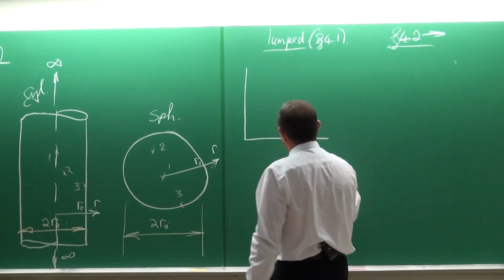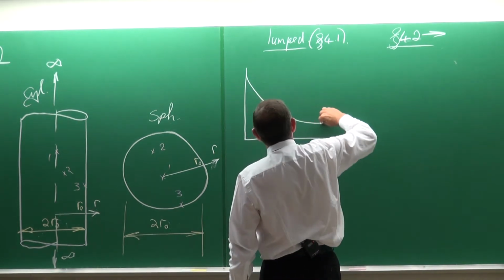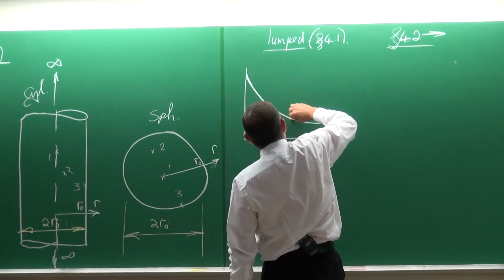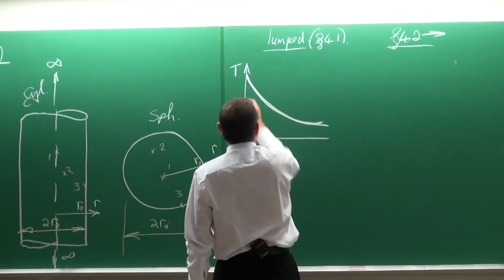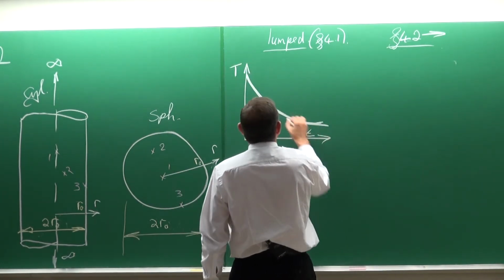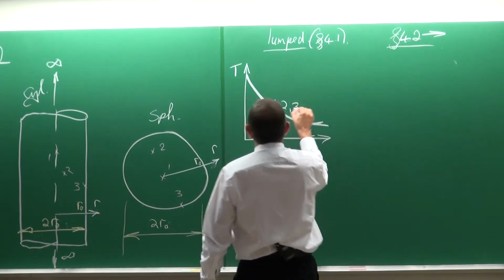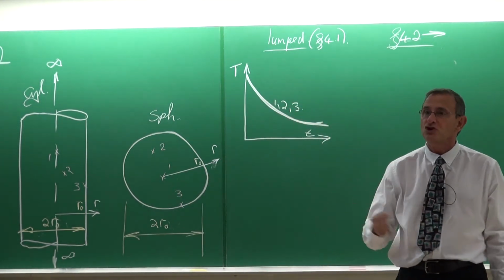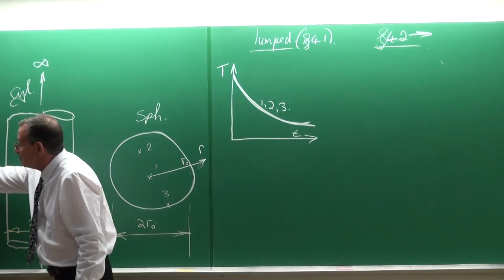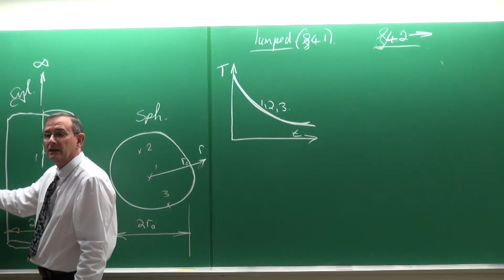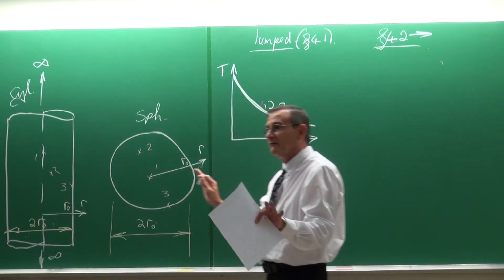For the lump system approach, all those temperatures, the temperature as a function of time, for all those points 1, 2, and 3 would give the same solution. So it would not say that this temperature is 100 and that one is 90 and that is 80. It would be 100 everywhere.